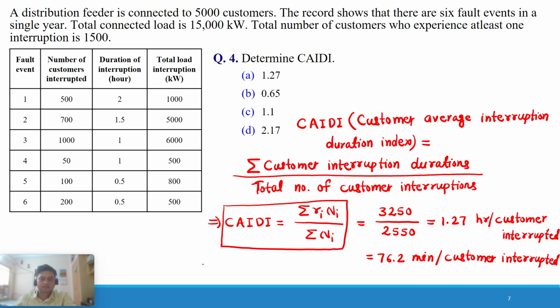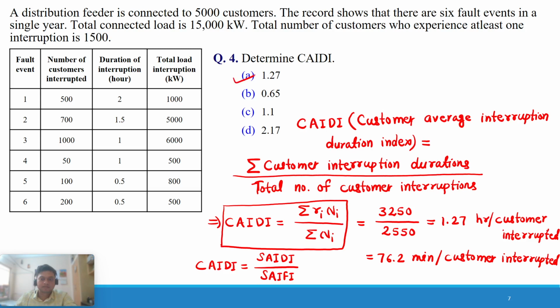And if you want to do it in another way, then CAIDI is also the ratio of SAIDI to SAIFI. So from there you can also get it. So this is CAIDI. The correct answer for this problem number 4 is 1.27 hour per customer interrupted.